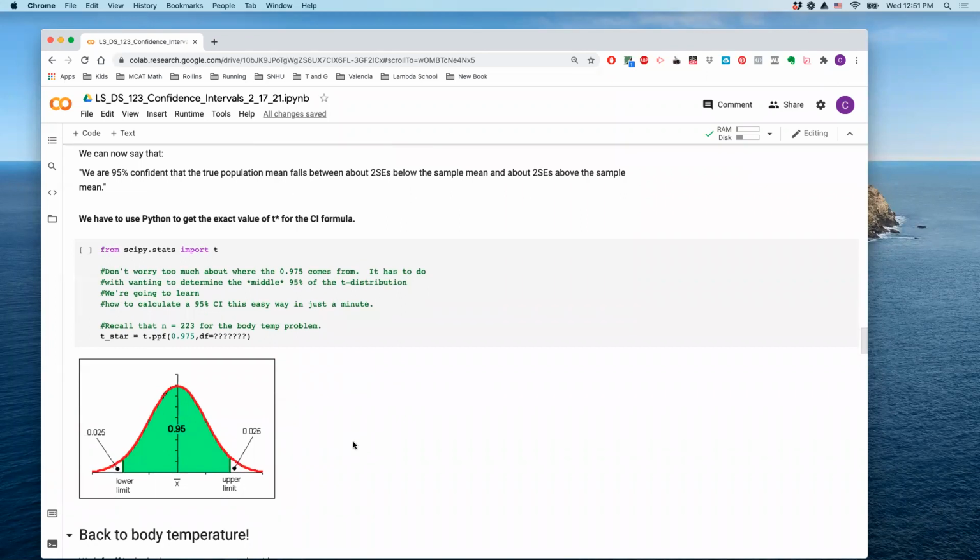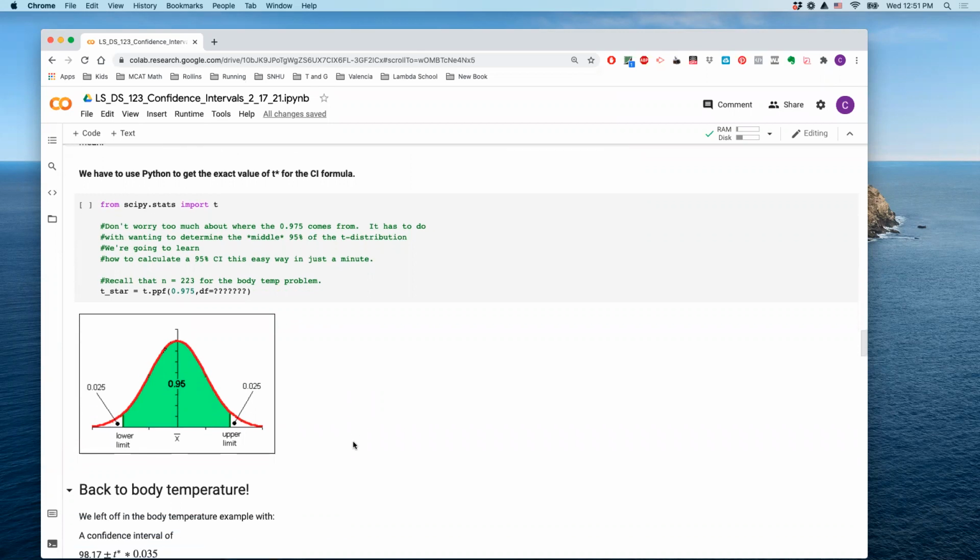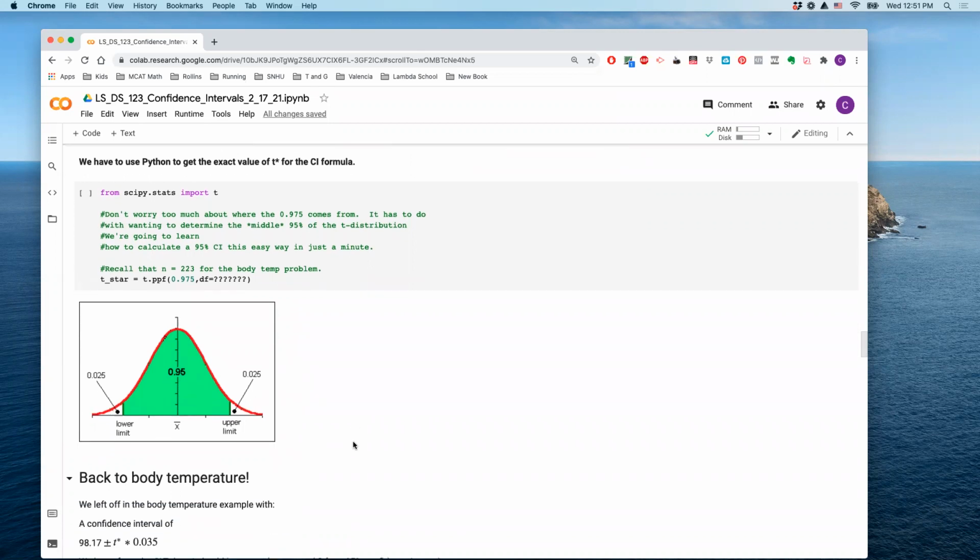We've got to actually come up with an exact value, and that's going to be based also on our sample size. So what we are wanting here is a value that is a number of standard errors above or below the population mean, such that 95% of our data is trapped within plus or minus that value.